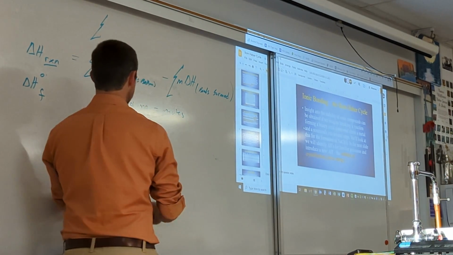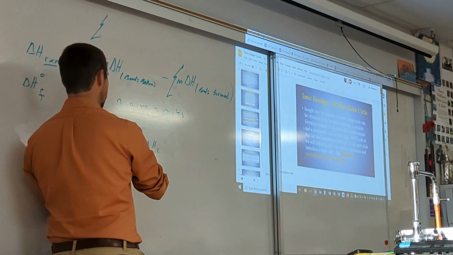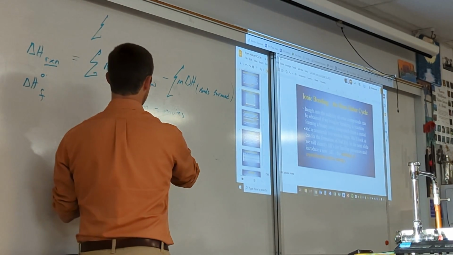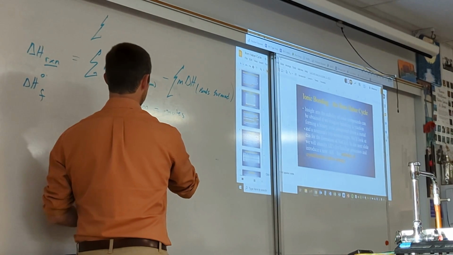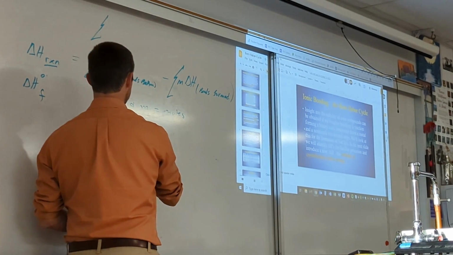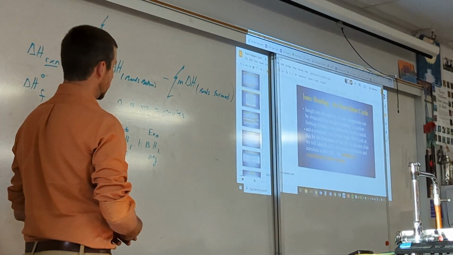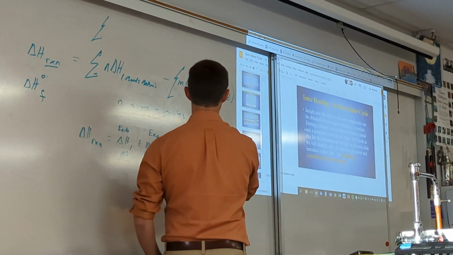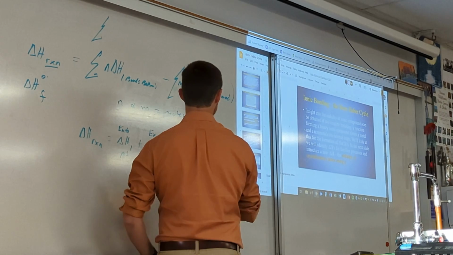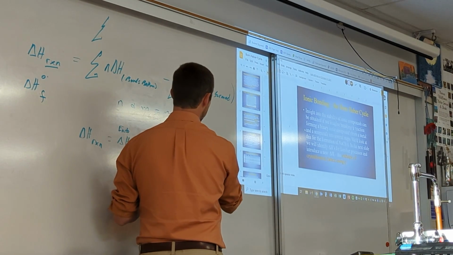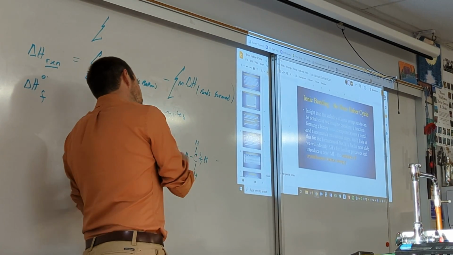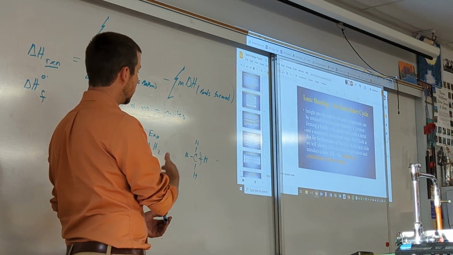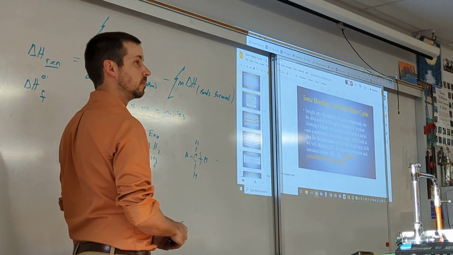If this is endothermic, and this is exothermic, then the sign convention would be negative for one and positive for the other. Whenever you break a bond, so I'll just draw random bonds here, this is methane, CH4. Does breaking a chemical bond require energy or release it?